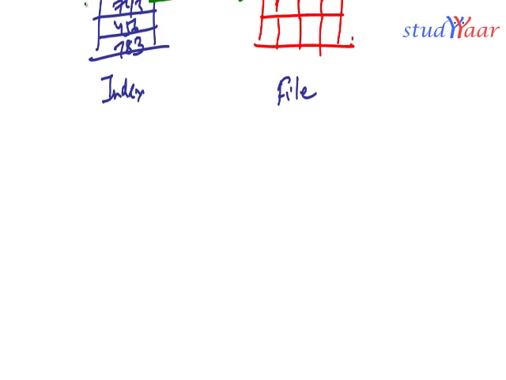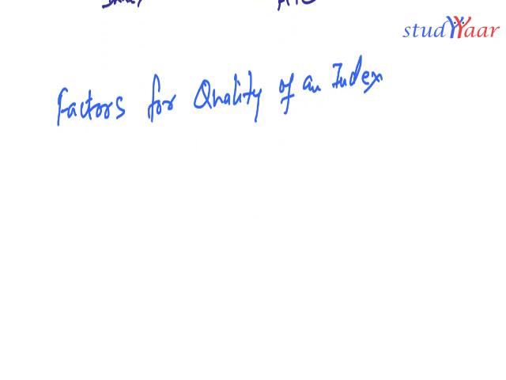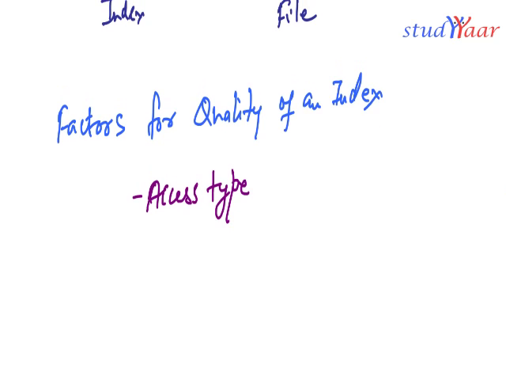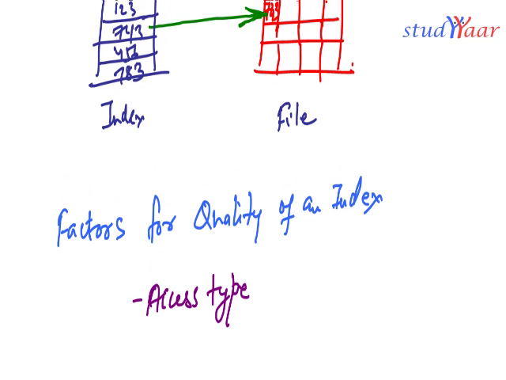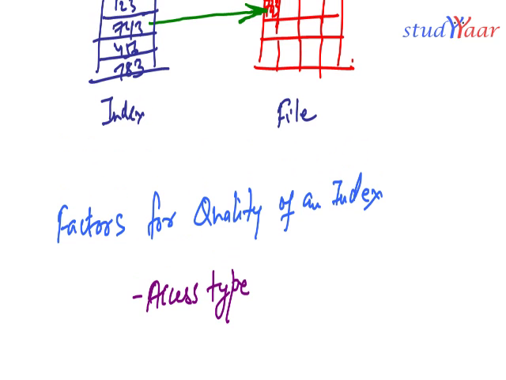Now let's look at the factors that determine the quality of an index. First is the access type. Access type indicates, does it actually give me access to the record that I want, or does it take me to a record which is nearer to the record that I want?